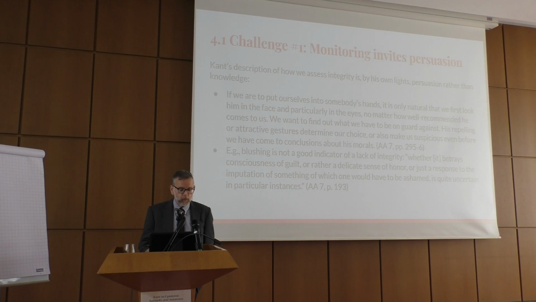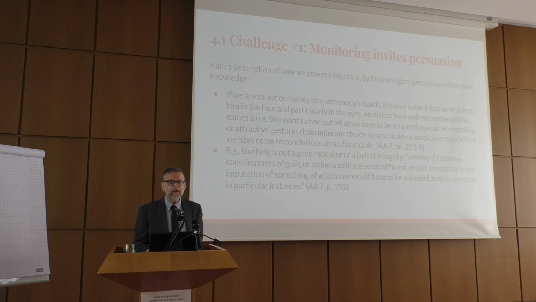We want to find out what we have to be on guard against. His repelling or attractive gestures determine our choice, or also make us suspicious even before we have come to conclusions about his morals. Now, as a description of the psychology of how we evaluate testifiers, this is actually quite accurate.